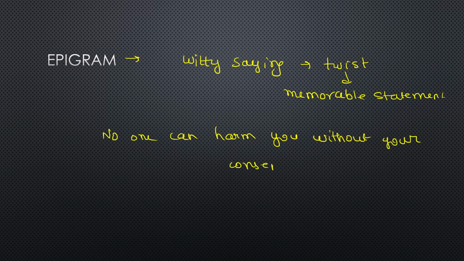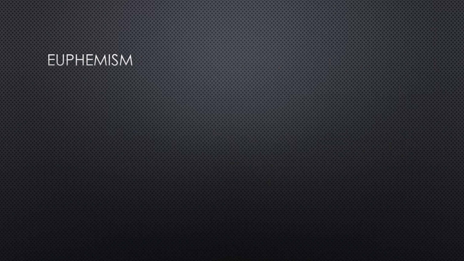So it is basically having a deep meaning, and it is a saying, and it has a twist: without your consent. That means you are allowing that person to come into your zone and tell you that this is not a good thing about you, or you can feel harmed because of those things which that person is doing, but you are allowing it. So it is like a saying with a twist to make it a memorable statement, okay?